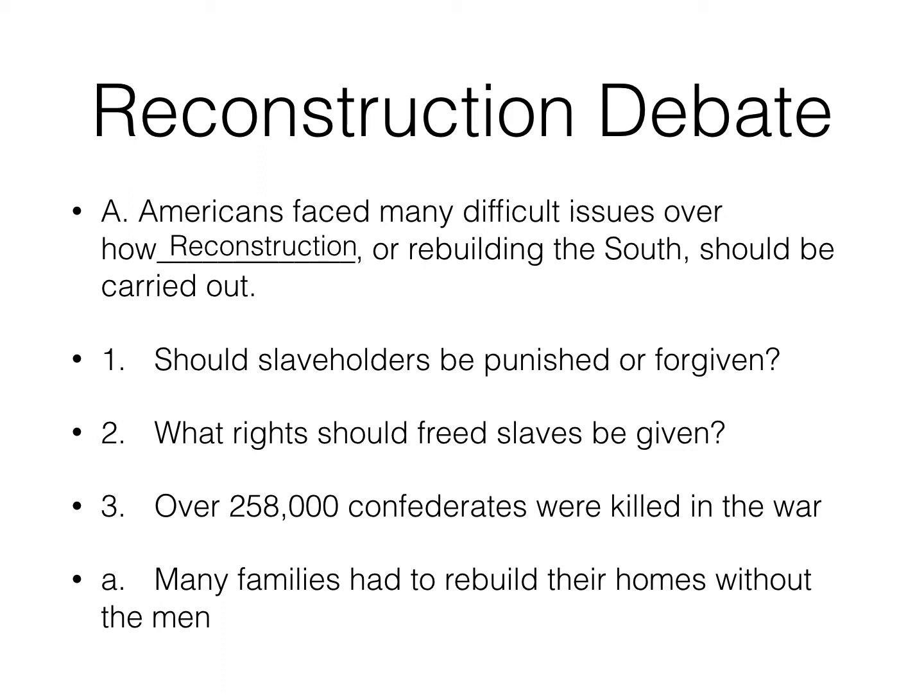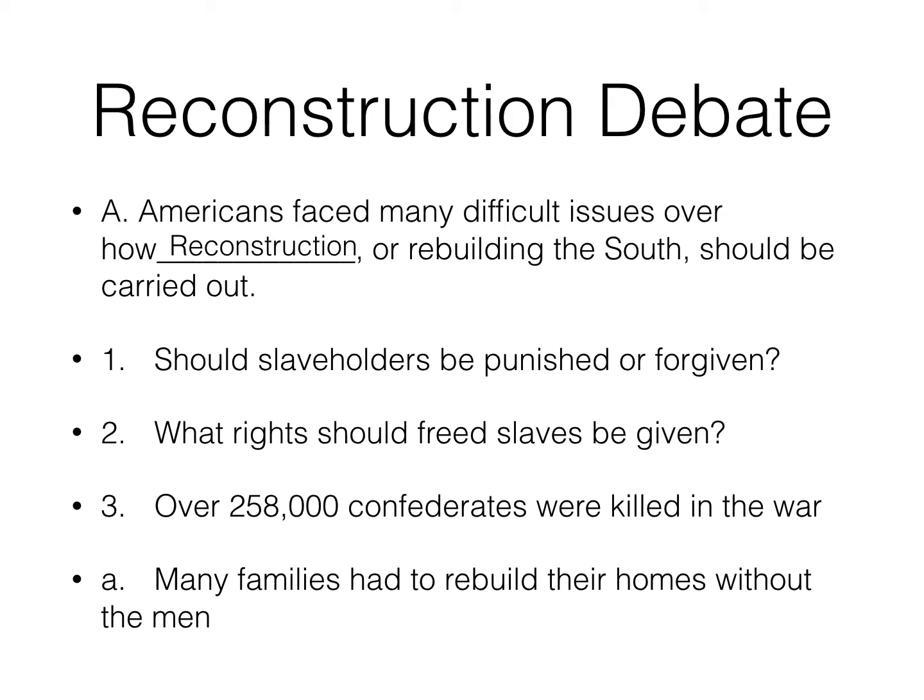Towns, cities, they were in ruins. Plantations had been burned. Roads, bridges, railroads destroyed. Not only that, but over 250,000 Confederate soldiers had been killed, or they came back sick or wounded. And so families had to rebuild their lives with basically few adult males.